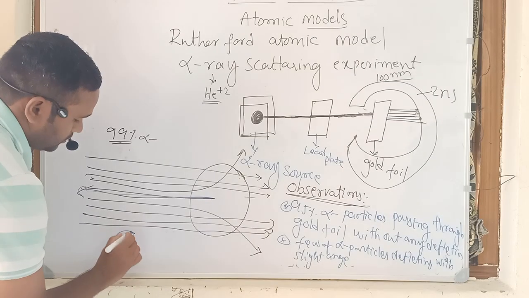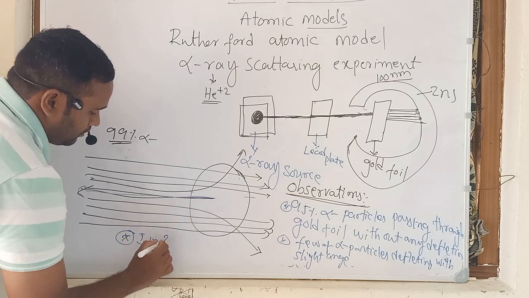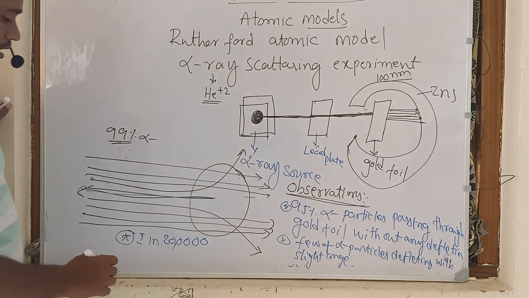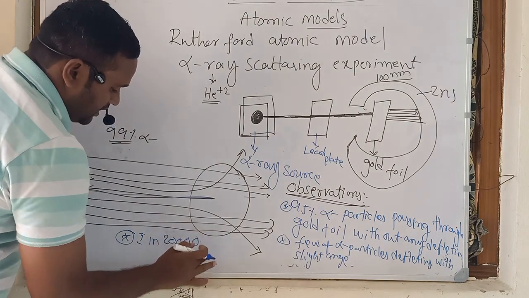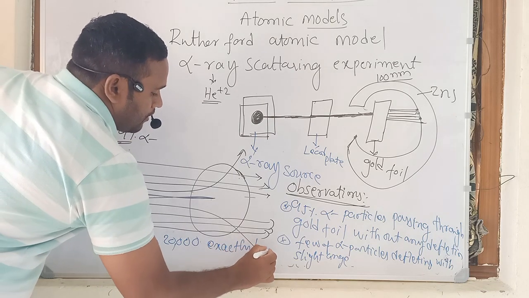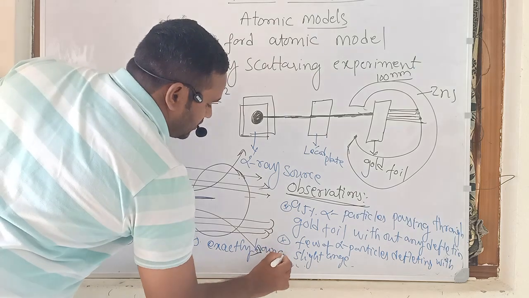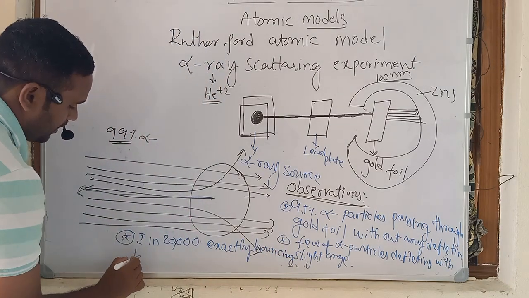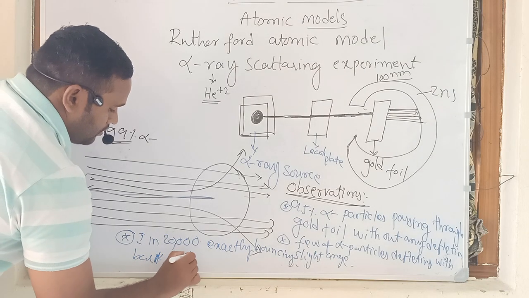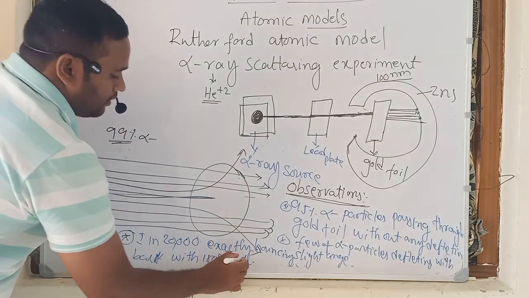So the third observation: 1 in 20,000 alpha particles is exactly bouncing back with a 180-degree angle.